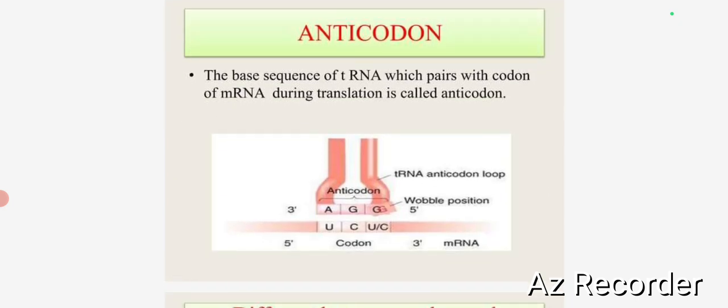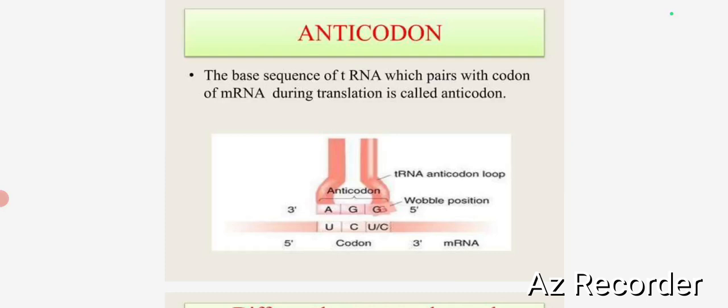Next one, anticodon. The base sequence of tRNA which pairs with the codon of mRNA during translation is called the anticodon. Generally, in mRNA, the nucleotides are arranged in the 5' to 3' direction. The tRNA has nucleotide bases in the 3' to 5' direction. This is called the anticodon, complementary to the codon.